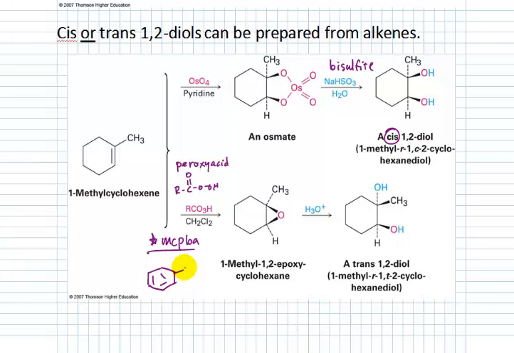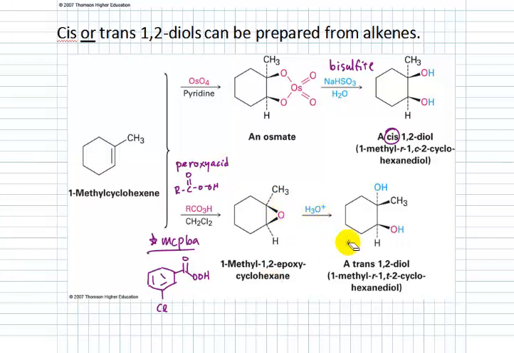Okay? Meta-chloro, so, right? Peroxybenzoic acid. So regular benzoic acid would be COOH. Peroxybenzoic acid is C double bond O, OOH. Meta-chloroperoxybenzoic acid. So MCPBA is the most commonly used reagent. That makes an epoxide, a three-membered ring where that double bond used to be.